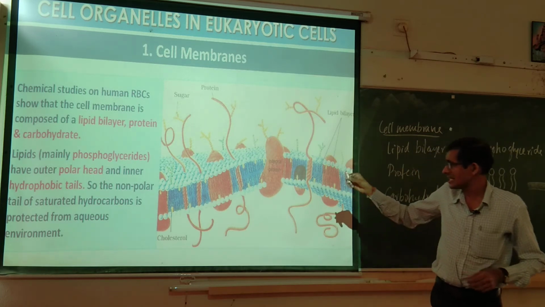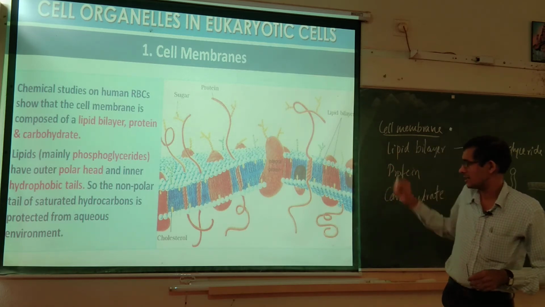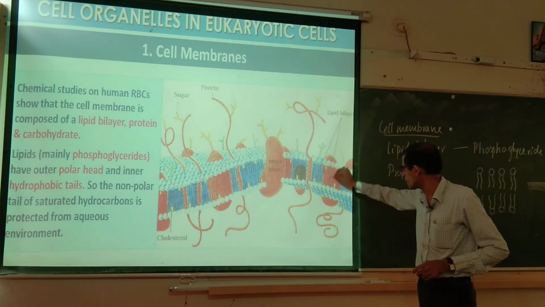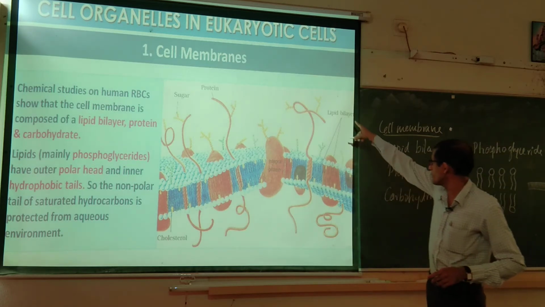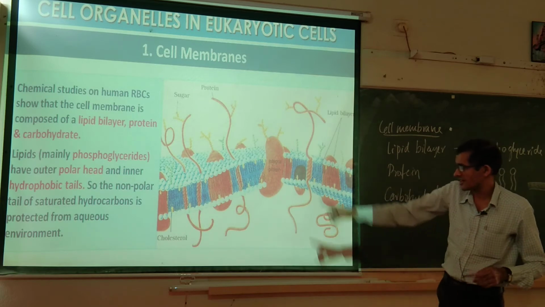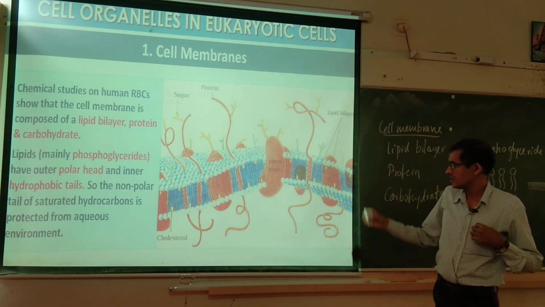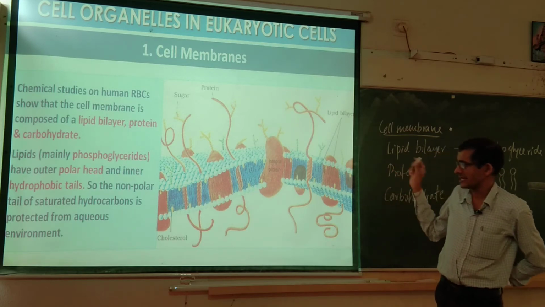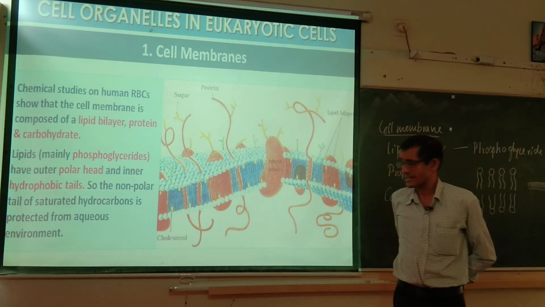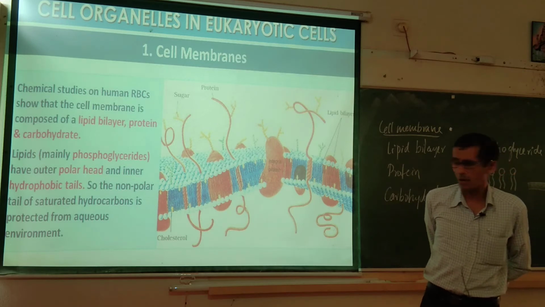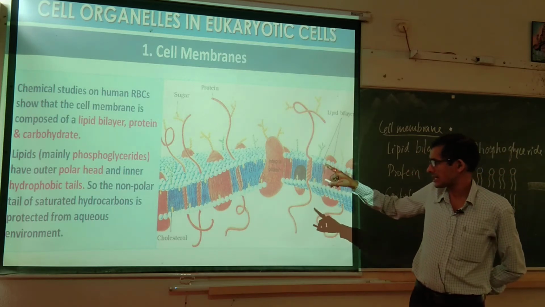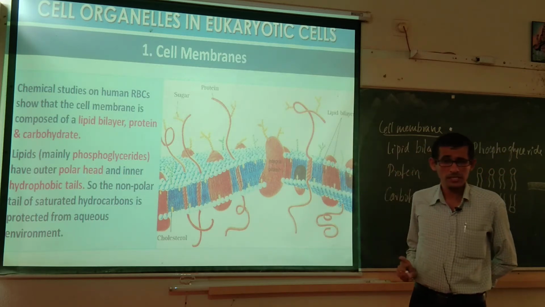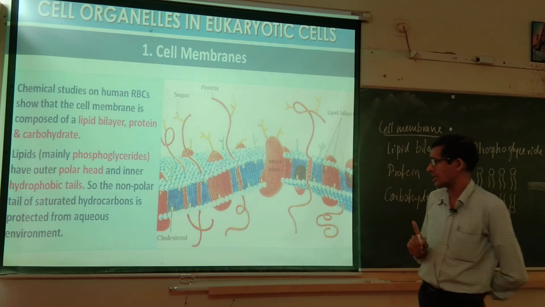So the inner non-polar tail surface, this one, the non-polar tail surface of the lipid bilayer, the tail of the saturated hydrocarbon is protected from the aqueous environment. Aqueous means liquid, water, right? So the non-polar tail of the saturated hydrocarbon is a saturated type of molecule.